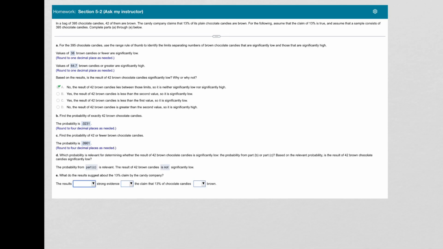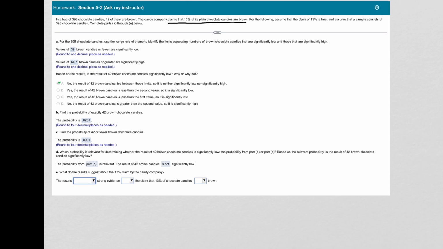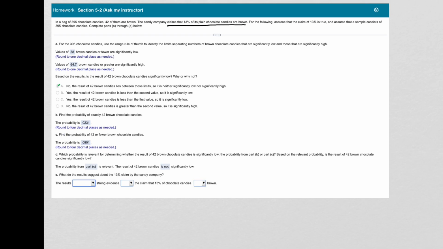Okay. So finally, it says, what do the results suggest about the 13% claim by the candy company? So the claim originally was that 13% of the plain chocolate candies are brown.